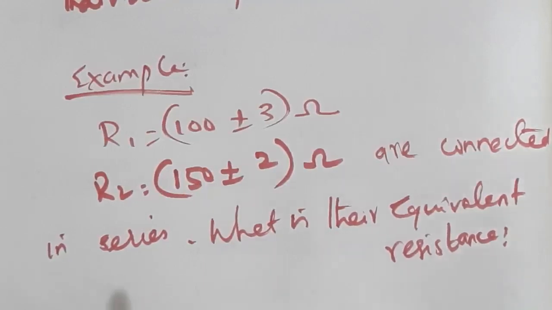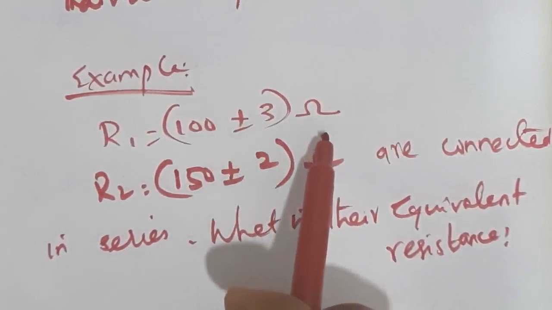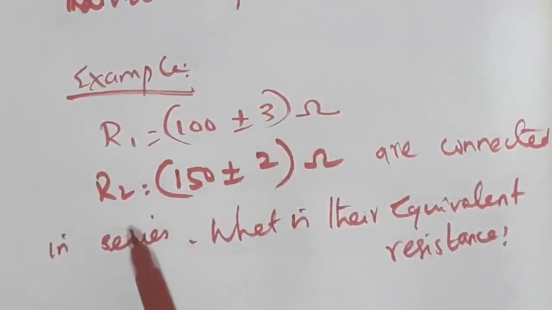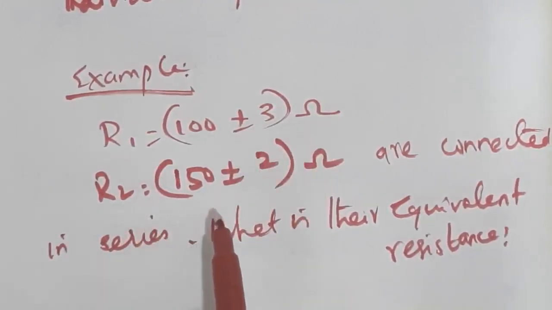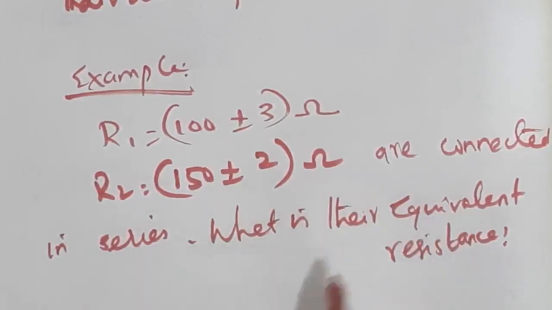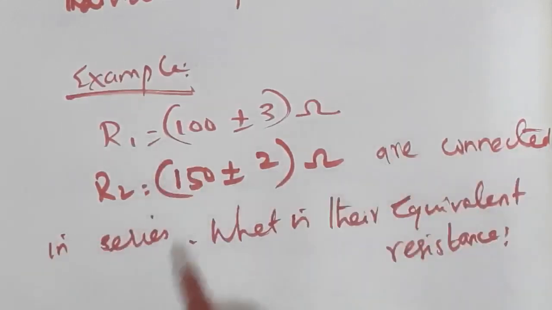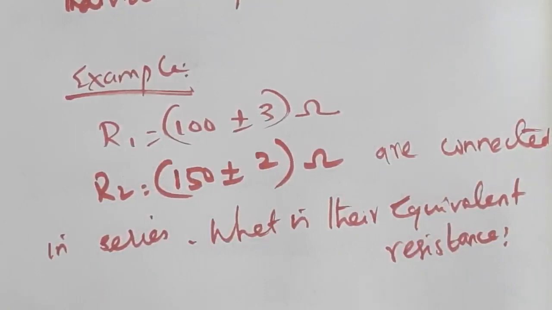So R1 equal to 100 plus or minus 3 ohm, this is the unit of resistance, and R2 equal to 150 plus or minus 2 ohm are connected in series, what is their equivalent resistance? This is the question.